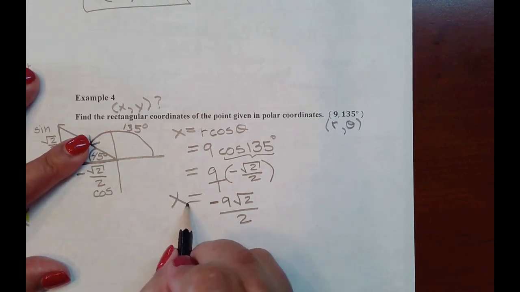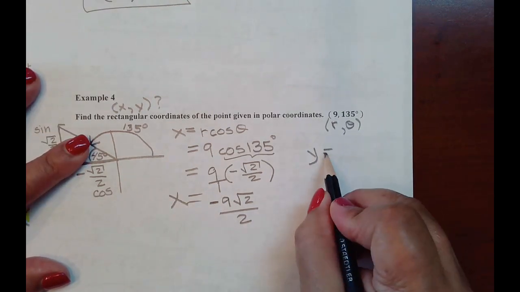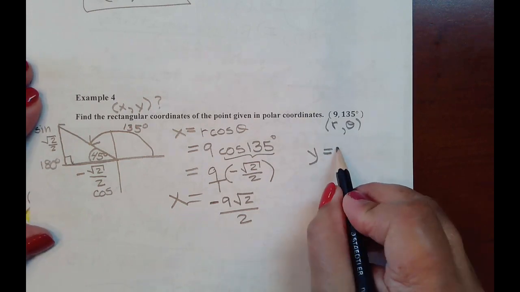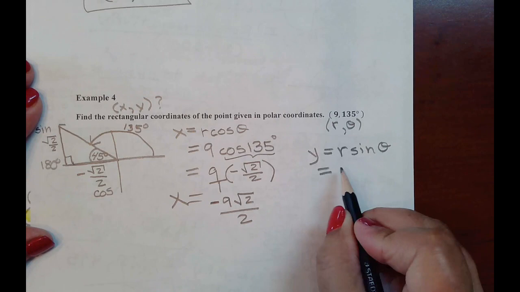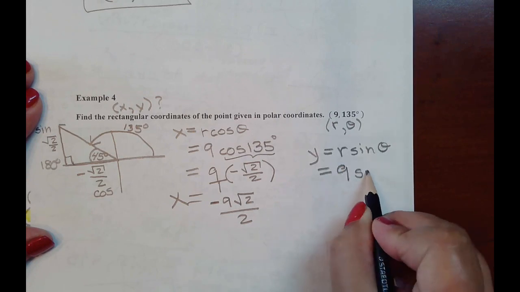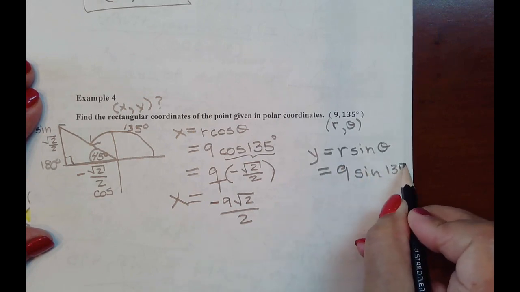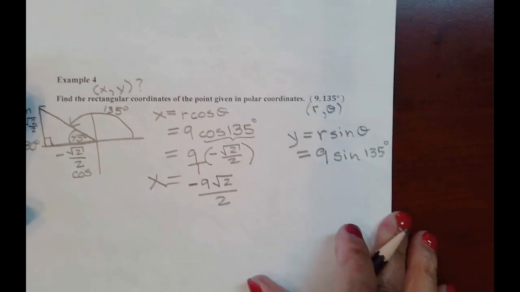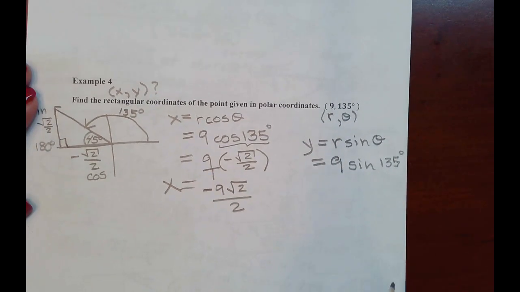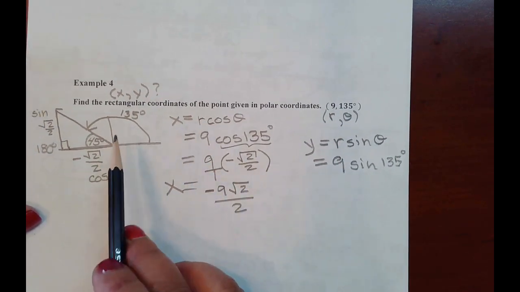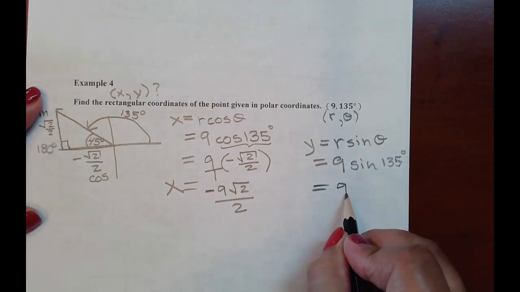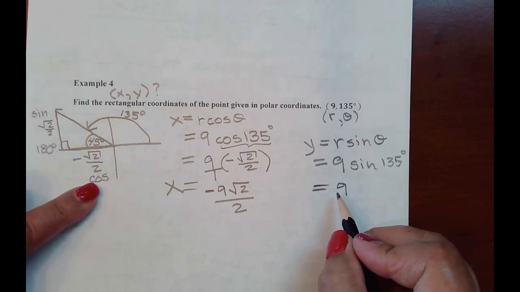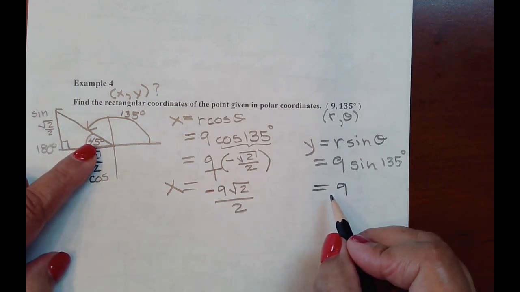That's x. Y, on the other hand, basically same thing, only positive. So it goes by this formula right here. Our value is 9, and then it's sine of 135, but this triangle that we've drawn based on a rotation of 135 gives us both cosine and sine. They're just the legs on the triangle, and the legs are determined by the reference angle.